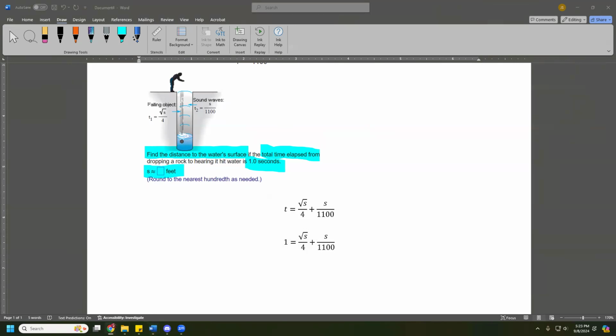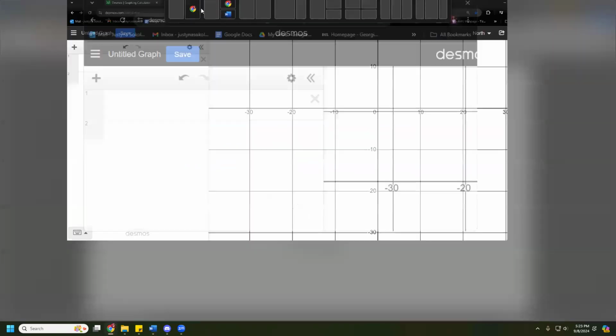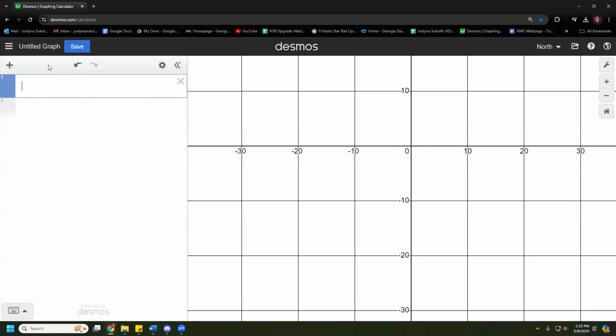So right away, one thing you can do to sort of cheese your way to an answer is just graph this on Desmos. Unfortunately, Desmos I don't think is smart enough to recognize what variable should be what. So instead of using t and s in Desmos, I'm going to use y and x. So I'm going to use y equals square root x over 4, I think, and then plus x over this, if I remember right.